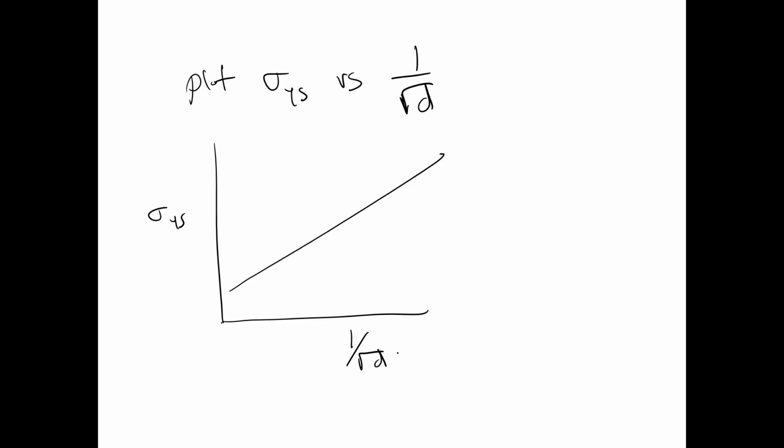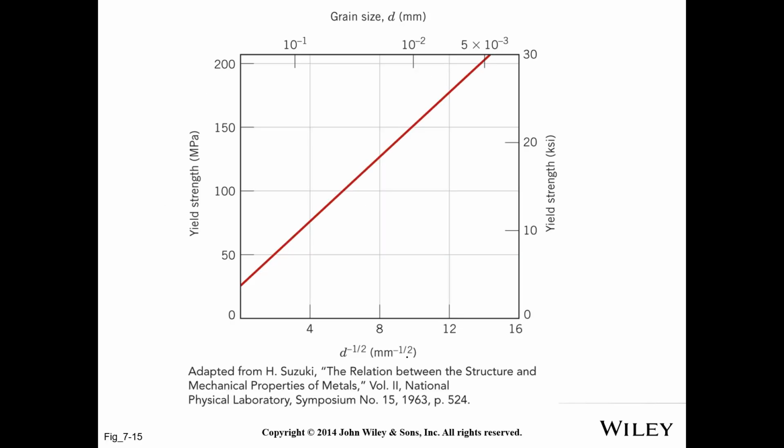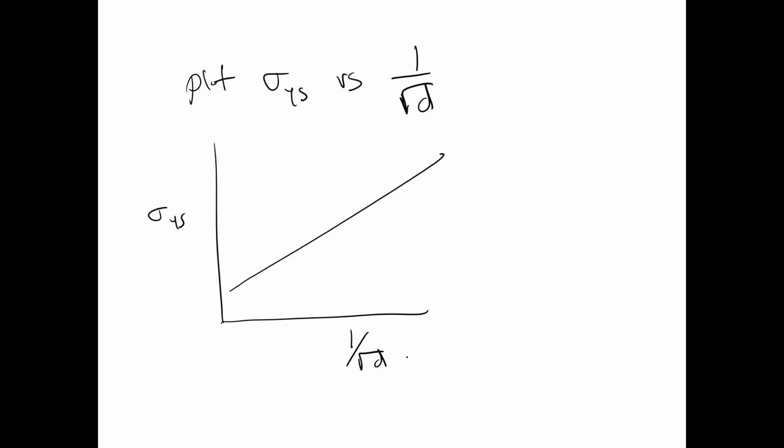So you can see this factor 1 over the square root of d. That's shown in this plot, which shows the yield strength as you decrease the grain size. They're showing you the grain size in millimeters, or we could write it in micrometers. It doesn't really matter. But this is a very famous relationship because this is one of the fundamental ways to strengthen a material. Now you may say, okay, so how do we make smaller grains?